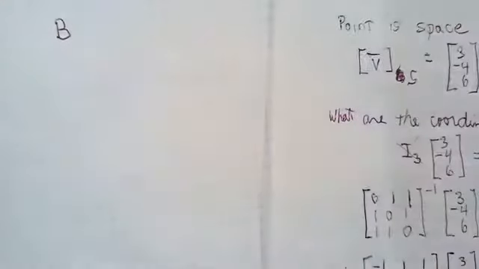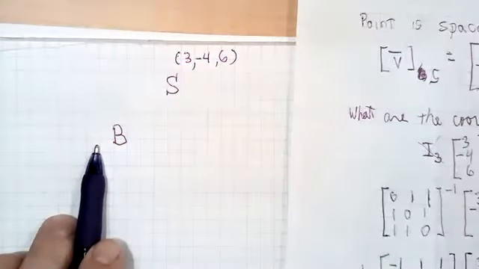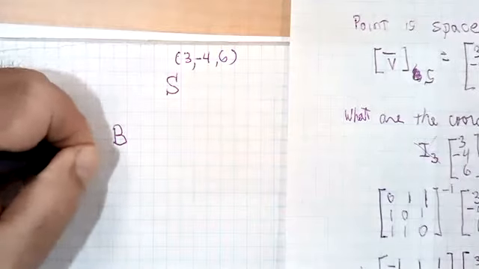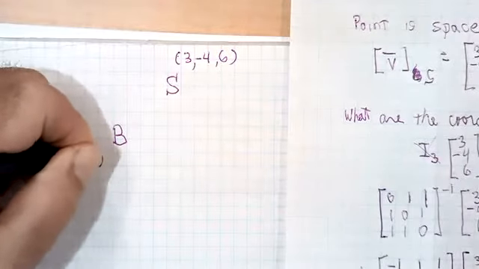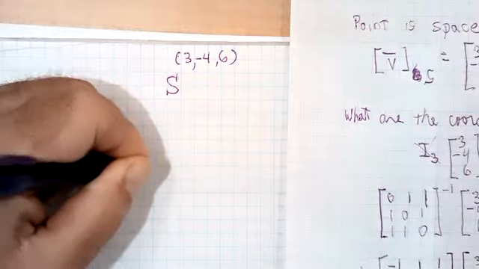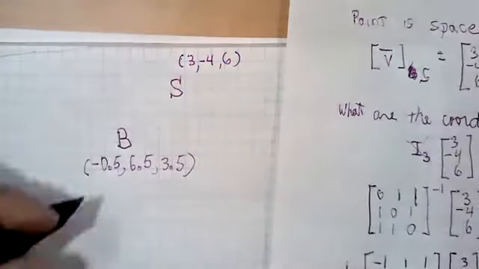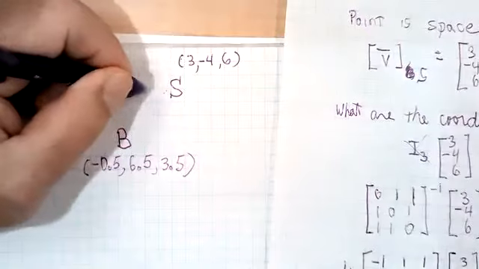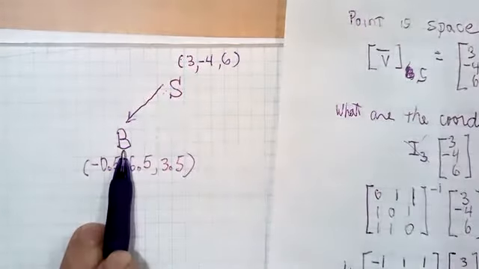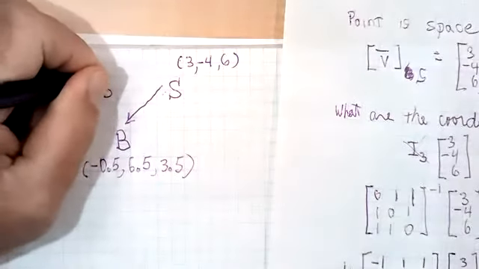I found out that its name in this system B is minus 0.5, 6.5, 3.5. And I found out that if you want to go from standard basis to the alternate basis, you multiply by B inverse.